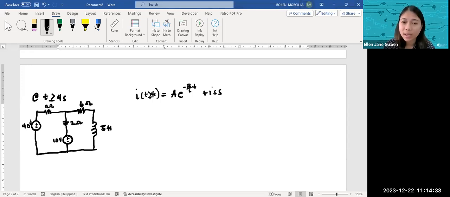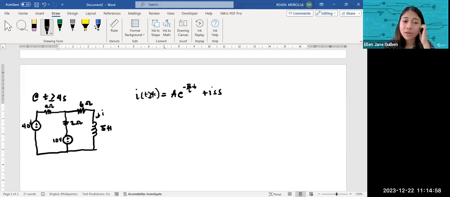What is the steady state condition of our I right here? Since we have no other switching actions, we can be sure that after a very long time, the inductor will be shorted.